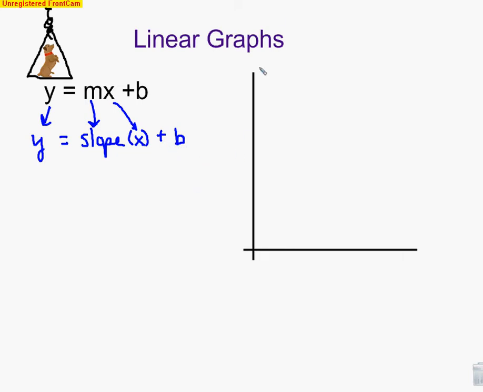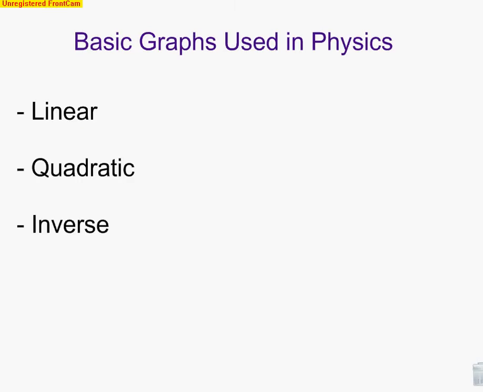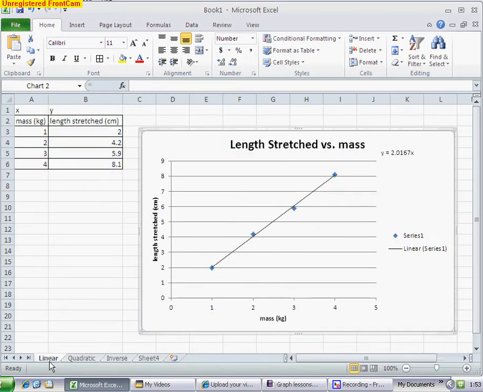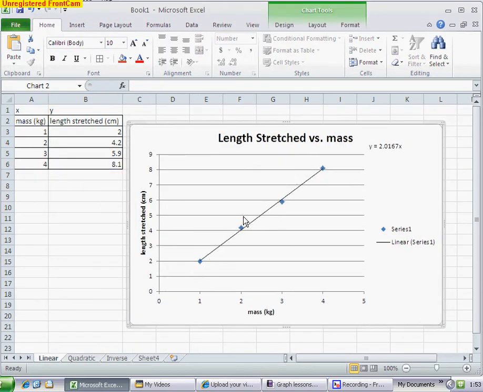So let's just go back and review what that graph looked like. So this is what that graph looked like. We had a linear slope. Looks like a straight line, and our equation worked out to be y equals 2.0167 times x. And then, because we don't have another term here, that means that our y-intercept for this graph was 0.